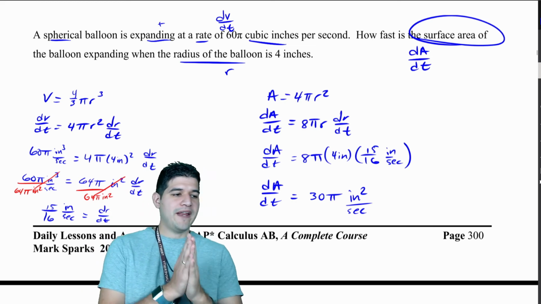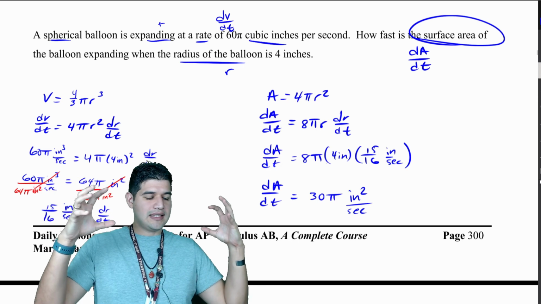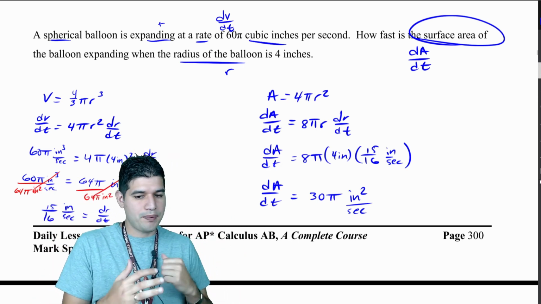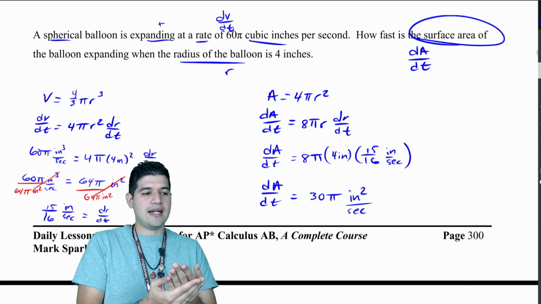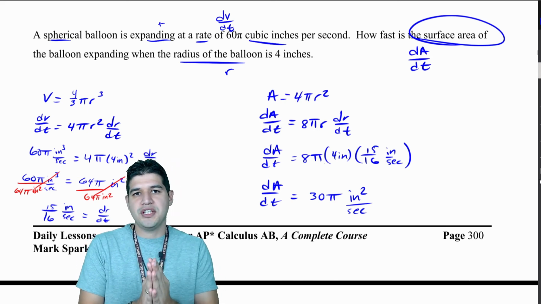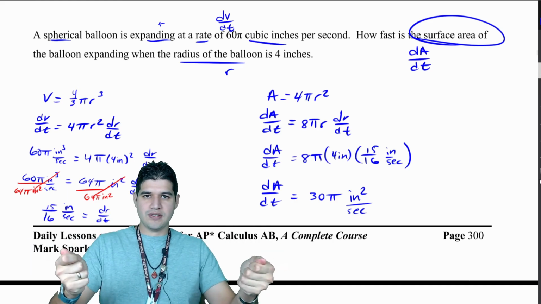We know that the surface area of this balloon as it expands is expanding at a rate of 30 pi square inches per second. So if we were to stop it exactly at that moment in time when the radius of the balloon was 4 inches, then we'd be able to see exactly what that surface area was.